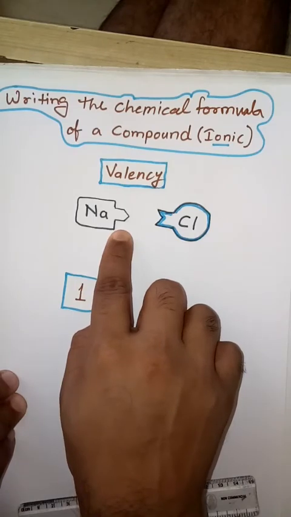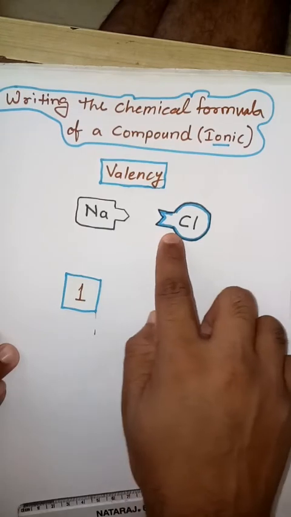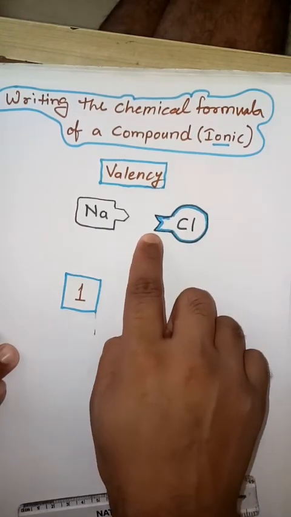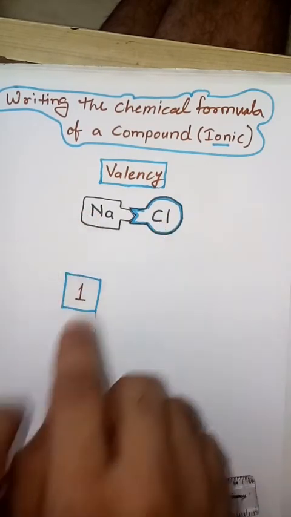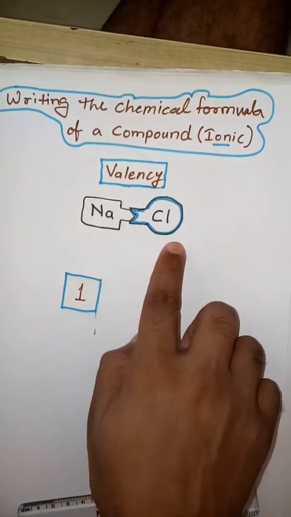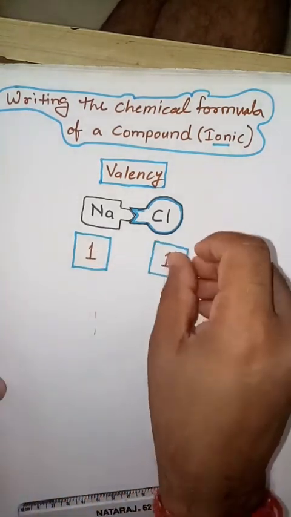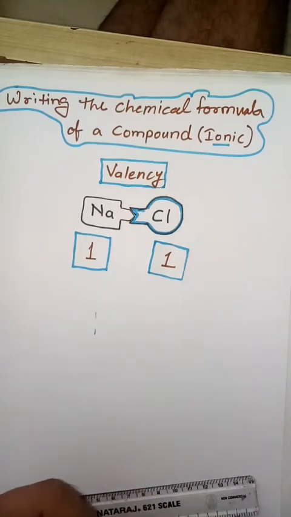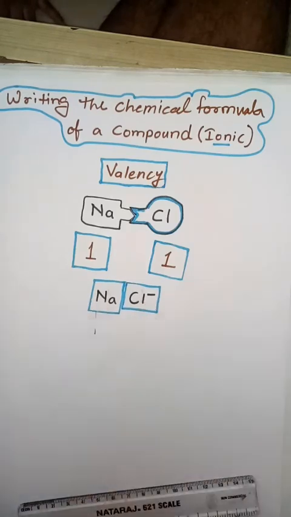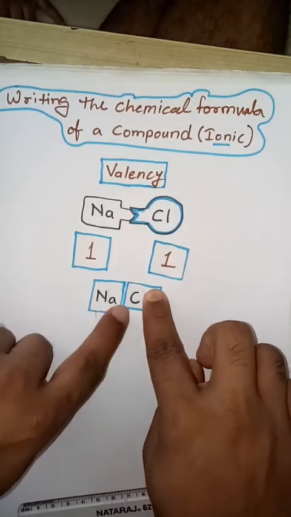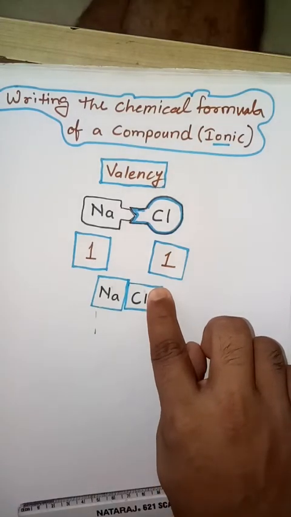The arrow was released from the sodium, and it is going to fit into this vacancy, and this is how they combine together and form sodium chloride. So one sodium valency 1, one chlorine valency 1, and finally you get the formula of sodium chloride as NaCl. Together we write NaCl. We don't write the negative charge, because they get neutralized with each other.